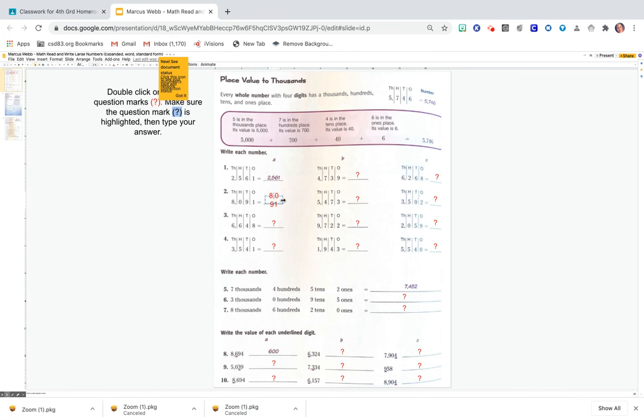My text box is so small. Eight 091. Okay? We're just getting used to typing with a computer.